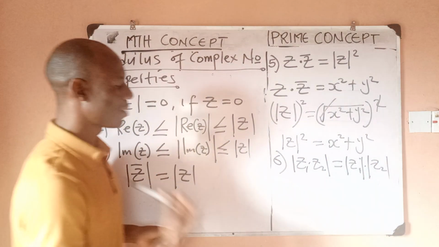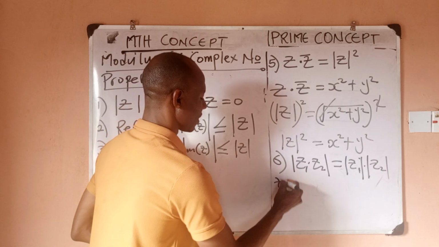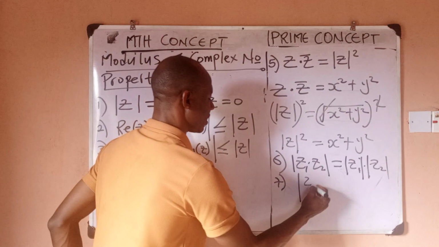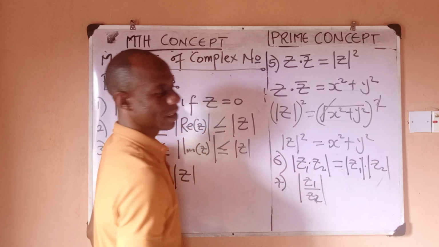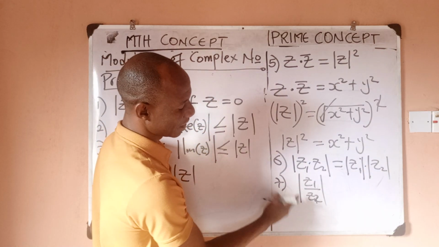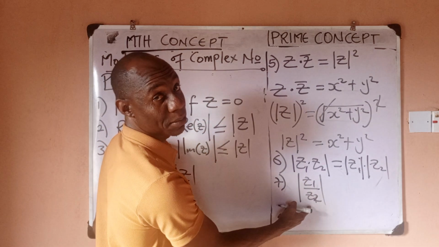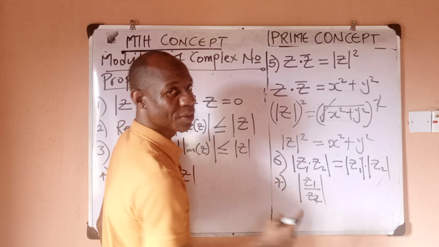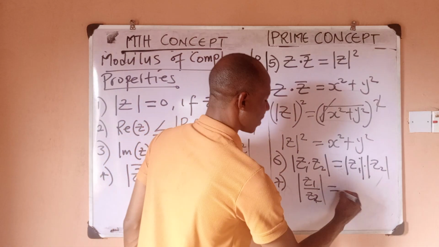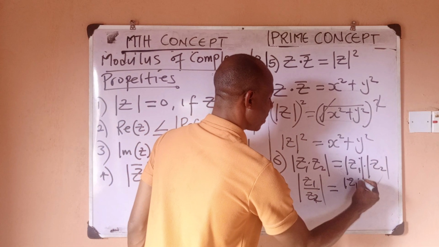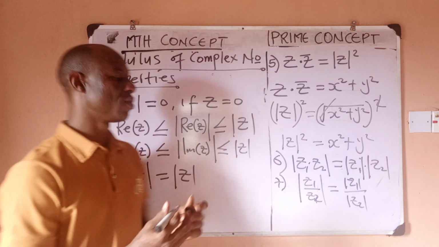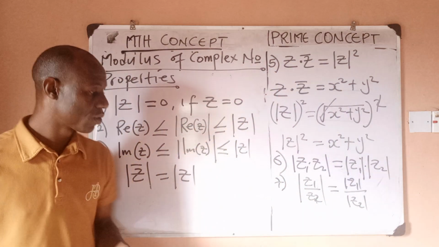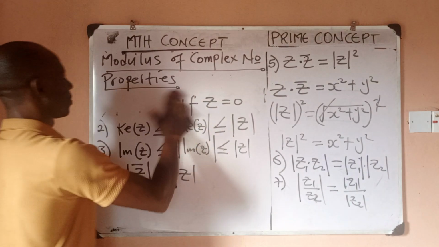The same thing is applicable to division. Number 7, say you have z1 divided by z2 and you're taking their modulus. What this means is that you first divide them before you take the modulus, to give you the same result as taking the modulus of z1, taking the modulus of z2, before you do what? Before you divide.